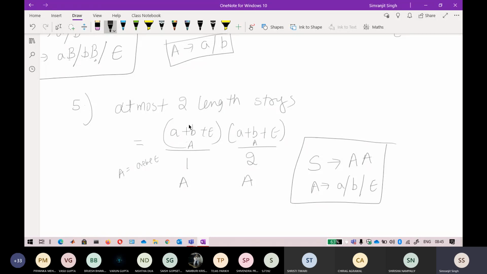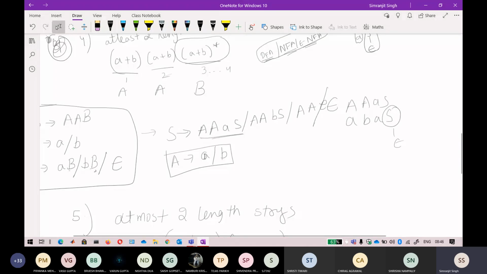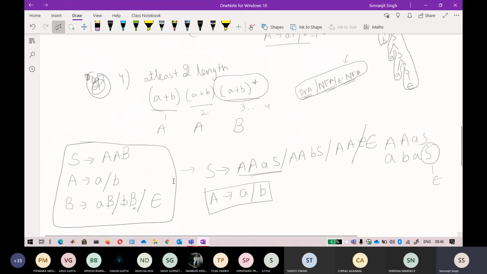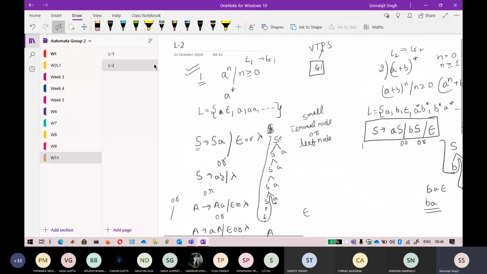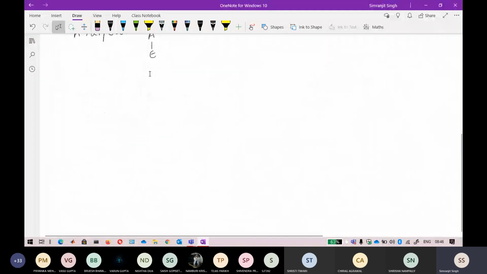It is either a or b or epsilon. If you write a regular expression, it will be very easy for you to write a grammar. If you do not want to write it, it will take a little bit of time, but it can happen. If you are starting, always try to write a regular expression, because we have done plenty of questions, and I think you can easily write a regular expression for previous questions.